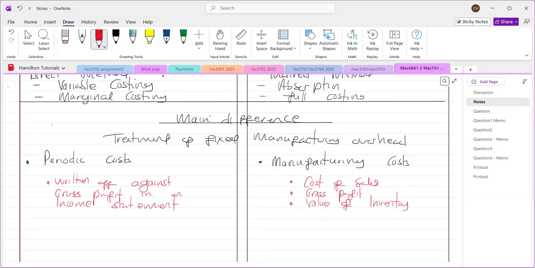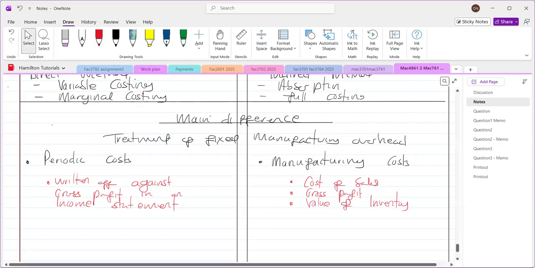If we are going to use the variable costing system, then up to gross profit, we don't include the fixed manufacturing overhead cost. We now treat it as if it is a periodic cost when it is not by default. Remember, a manufacturing cost is a cost that is incurred in the factory. A periodic cost is a cost that is incurred outside the factory.